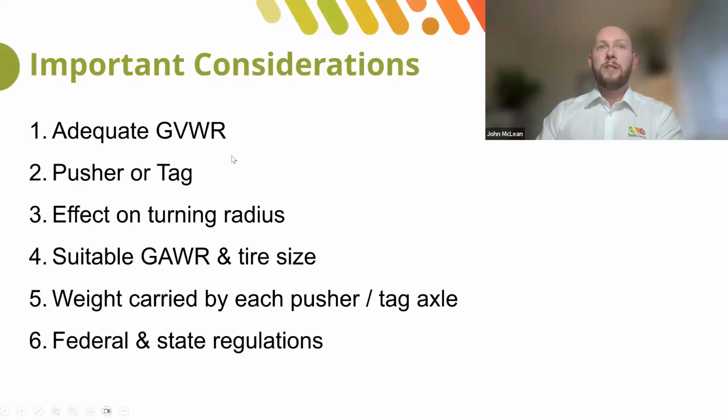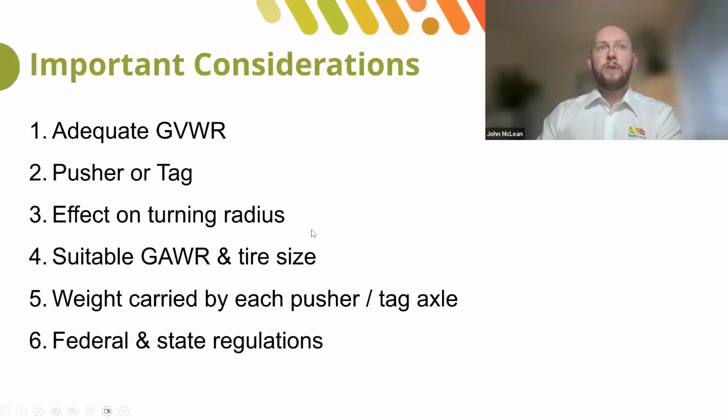If you have to increase the wheelbase to accommodate additional axles, you will need to determine the effect on the turning radius and decide whether the axles need to be steering. You'll also need to consider the required gross axle weight rating and the tire size for your additional axles.